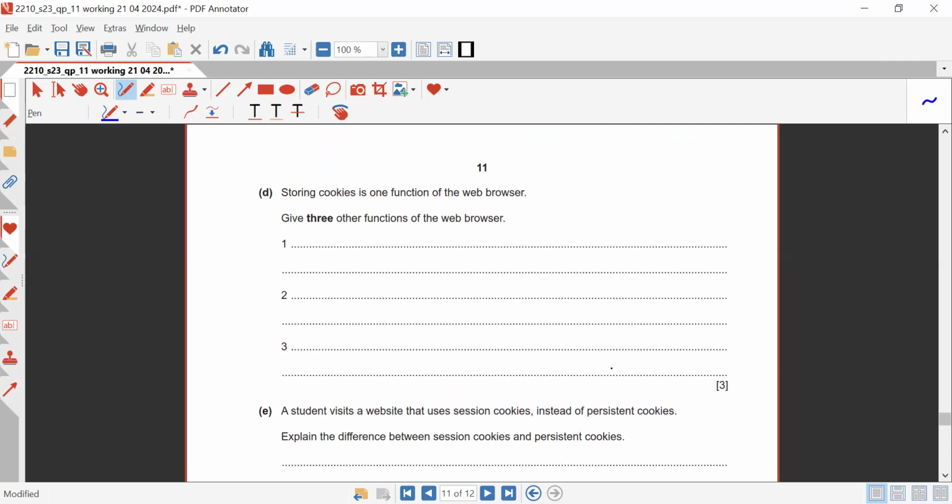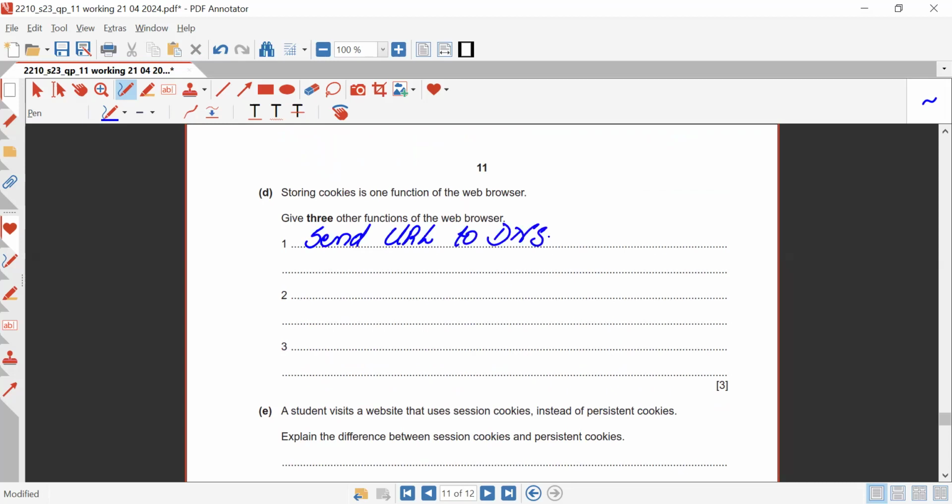Now they are saying storing cookies is one function of the web browser. Give three other functions of the web browser. So you may say send URL to the DNS. Now, what does that mean?